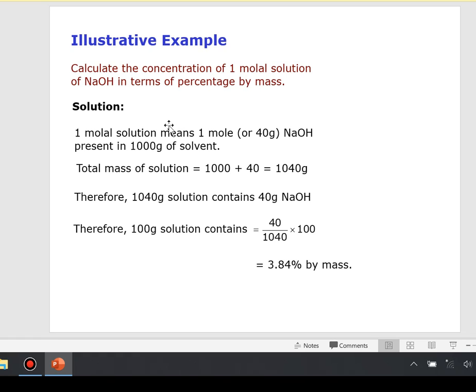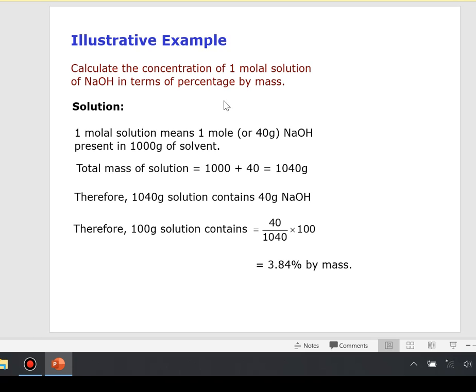It means solvent is 1000 and solute is 40, because it is 1 molal NaOH and the mass of the NaOH is 40. So find out the total mass of the solution by adding the mass of the solvent and the mass of the solute. That is the total mass of the solution.